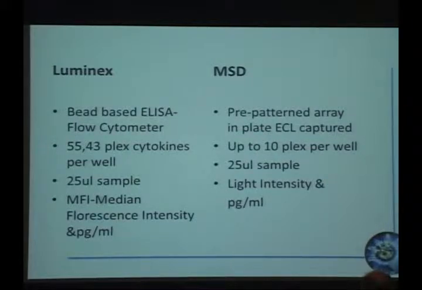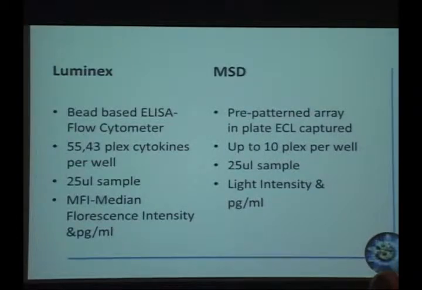So when we just compare the two platforms, each of them has a different output, meaning fluorescence for the Luminex, whereas it's light intensity for the MSD. Again, for both, the amount of sample that you use is 25 microliters regardless.